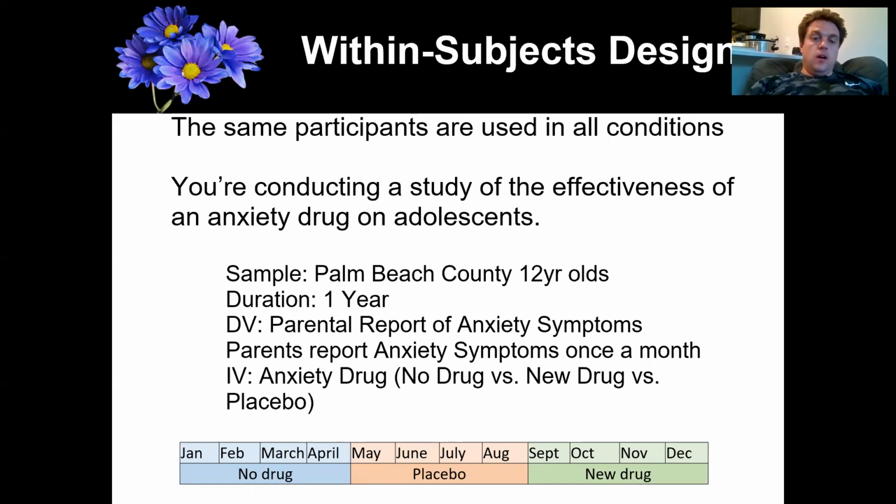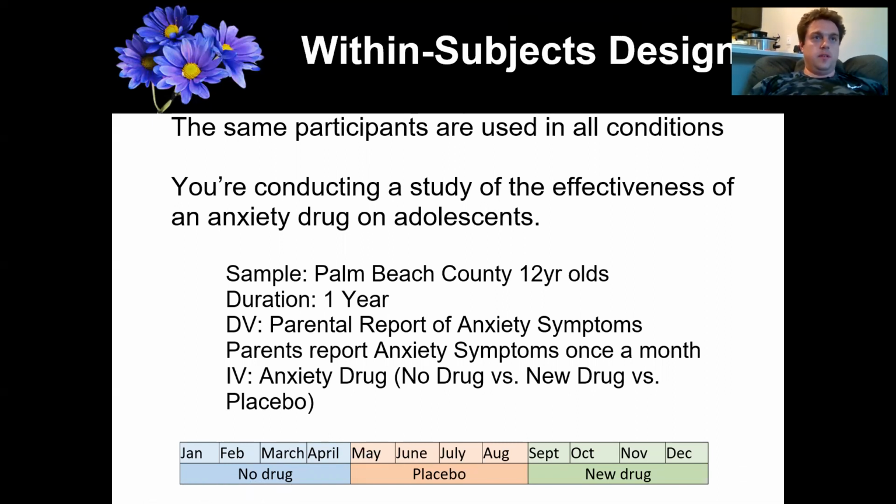Well, this is a prime example of confounds, because a lot of things are changing with our manipulation of anxiety drug type that are not our manipulation. So, namely, the biggest one is that the adolescents could change over that time period.